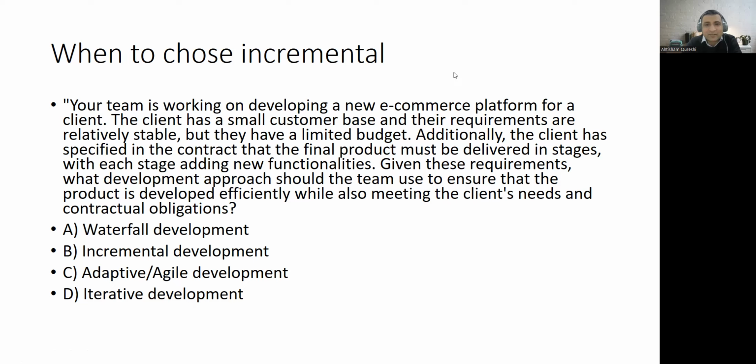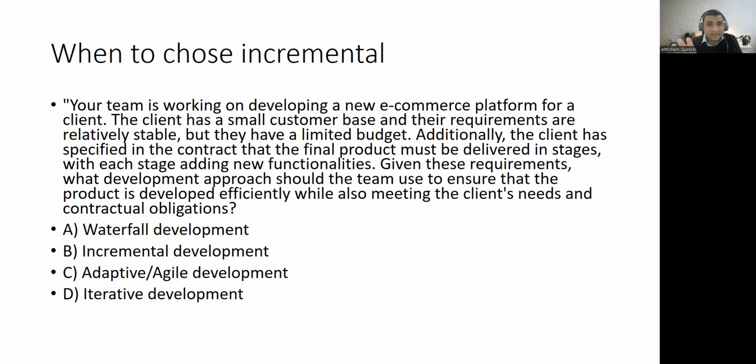Yeah, it's important that we understand also the justification, because remember I said that you should know what the answer is, but you should also know why the other options are incorrect. So yes, incremental is the answer. Why is it the answer? Let's see the question. Client has a small customer base and the requirements are stable, which means scope is clear.